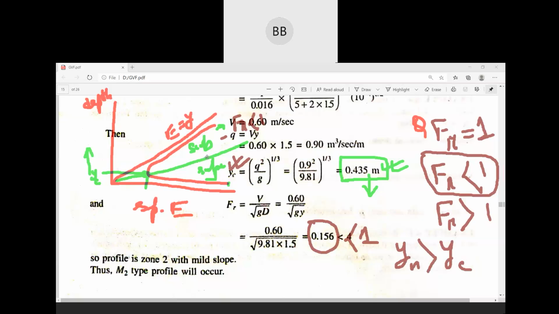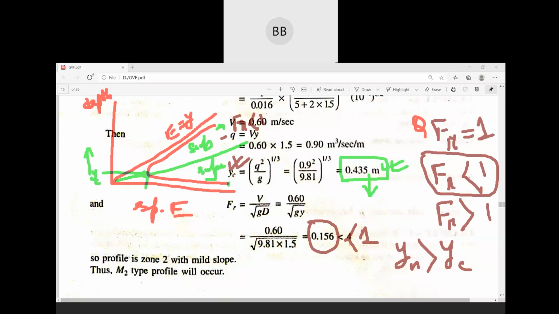Understood? Okay, so for identifying the profile, we first identify the slope, that is, whether the channel slope is mild, steep, horizontal or adverse.